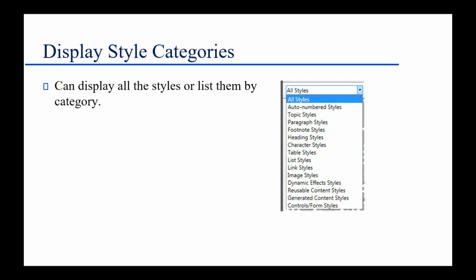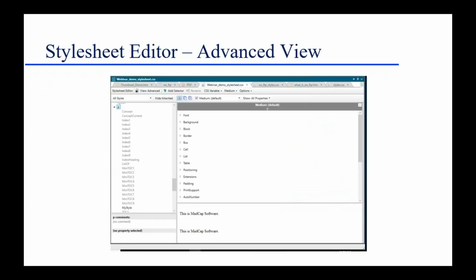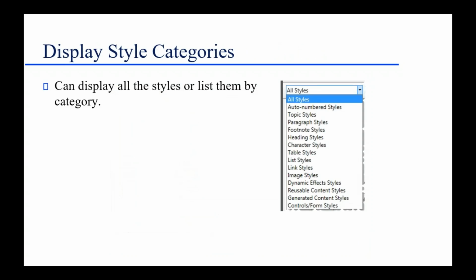And this is up to you. Some people I know like to list the styles by subcategory, because it gives them a shorter list than this. And I'm going to back up for a second. If you see the list over in the left column, P and then concept, index, mini talk, etc. If I said only show me paragraph styles, for example, it's going to give me a much shorter list.